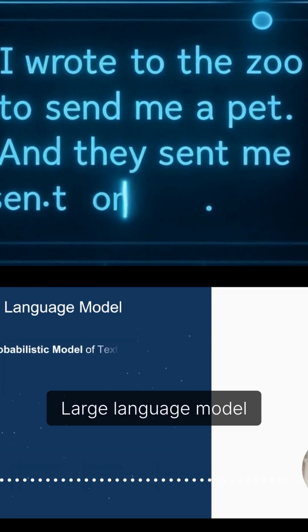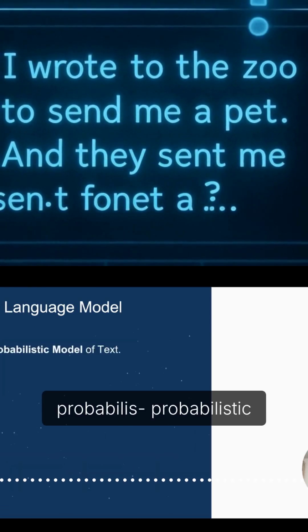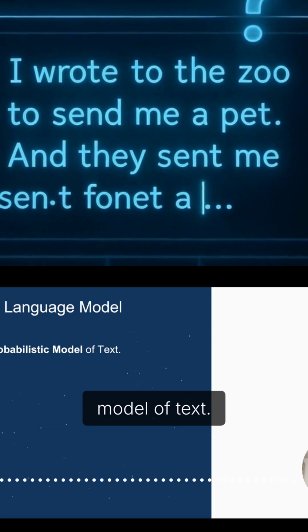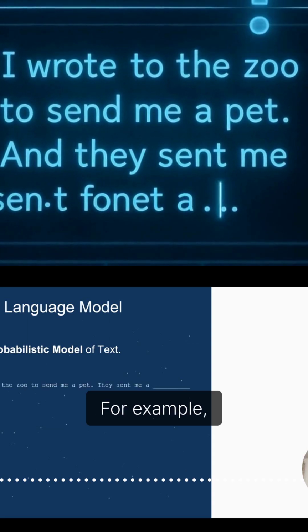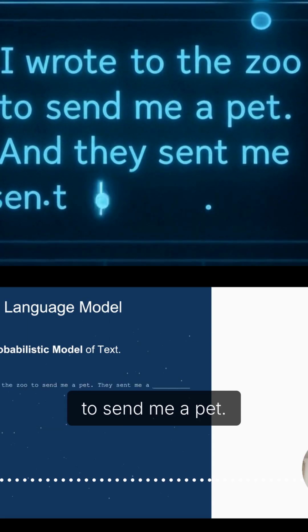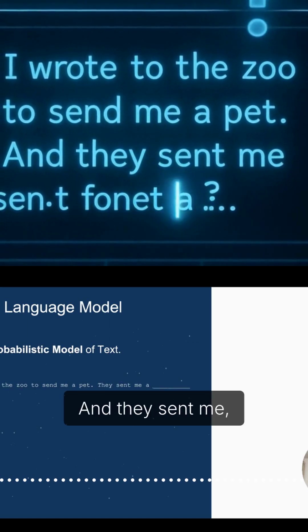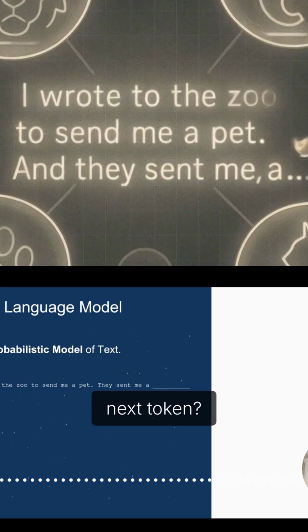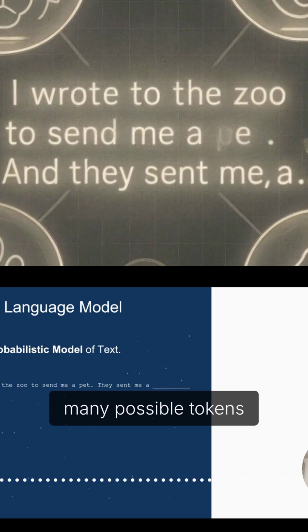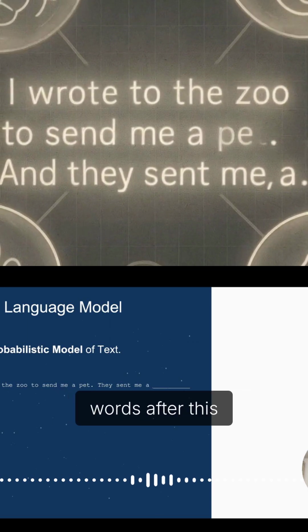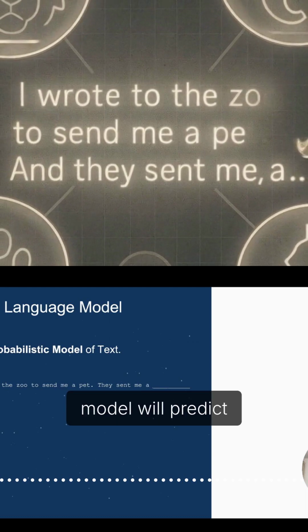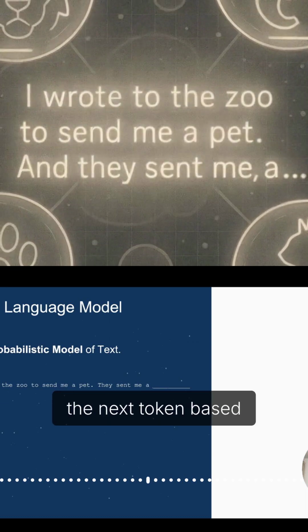A large language model is by definition a probabilistic model of text. For example, "I wrote to the zoo to send me a pet." This is my first sentence. "And they sent me..." What will be the next token? There are many possible tokens or words after this sentence. The large language model will predict the next token based on probabilities.